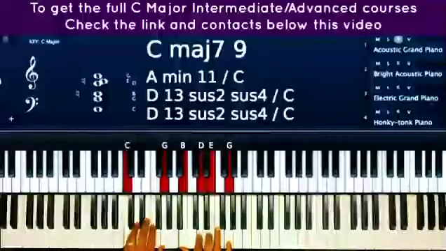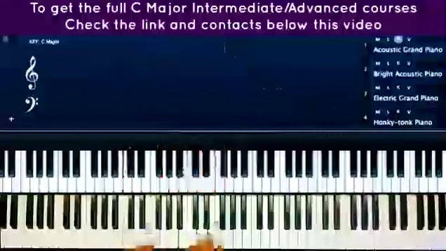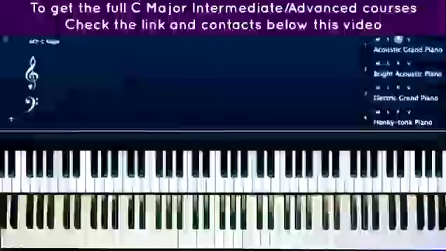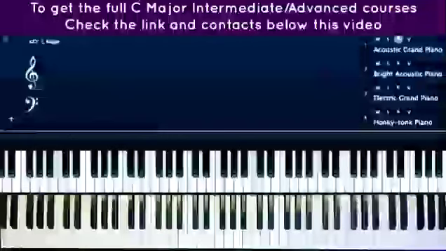Okay, so that's another movement, an approach we can use when we want to play the same progression.